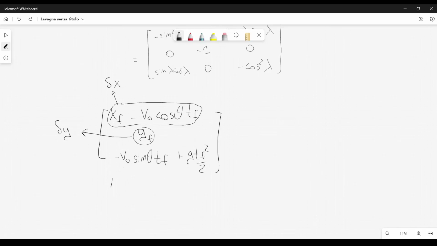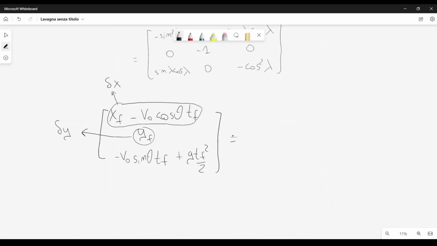Because remember that Tf, if we neglect omega, which means that if we neglect the Coriolis force, was equal to 2v0 sine theta divided by g. And if you replace this value here, you get 0, right? But when we consider the Coriolis force, we cannot really say that this term here is 0, because there might be, as I said, other corrections. And let me tell you a little bit more about this in a few minutes.